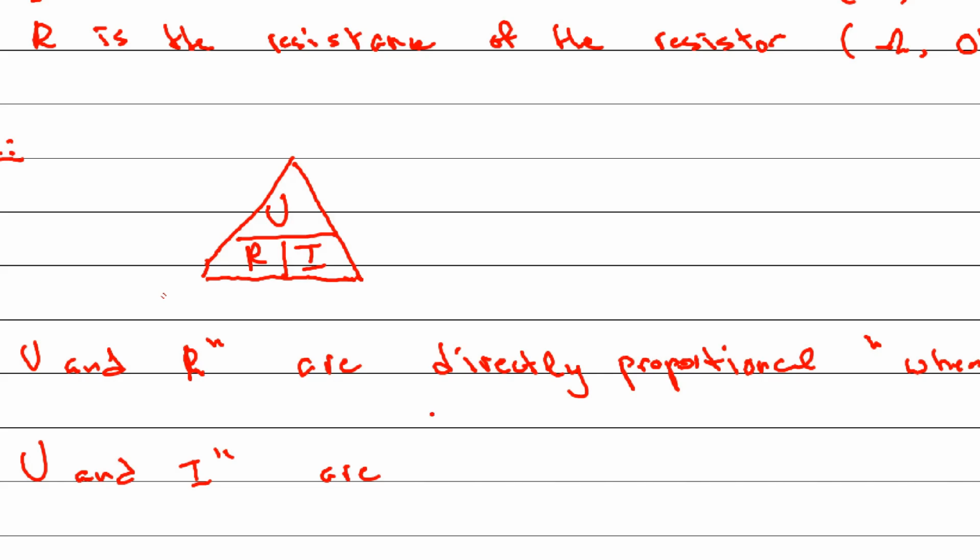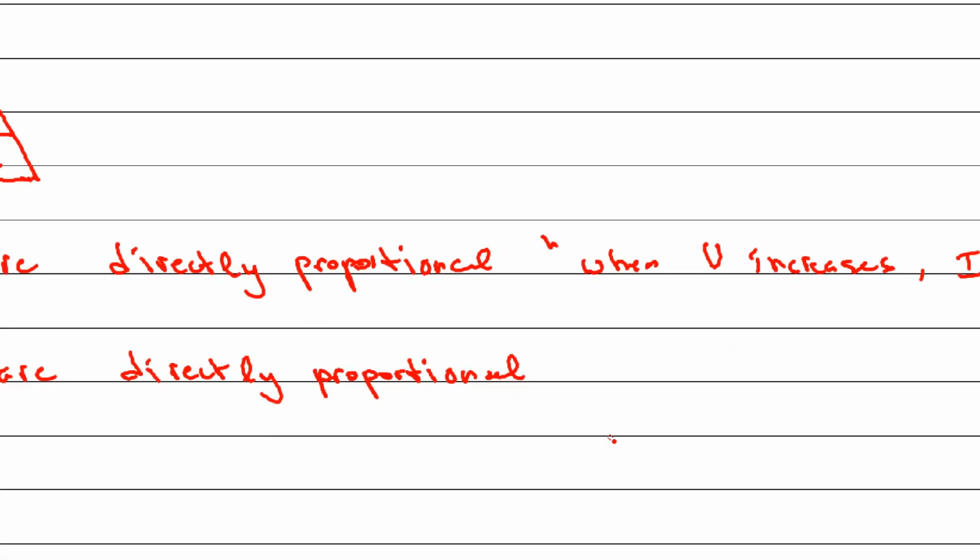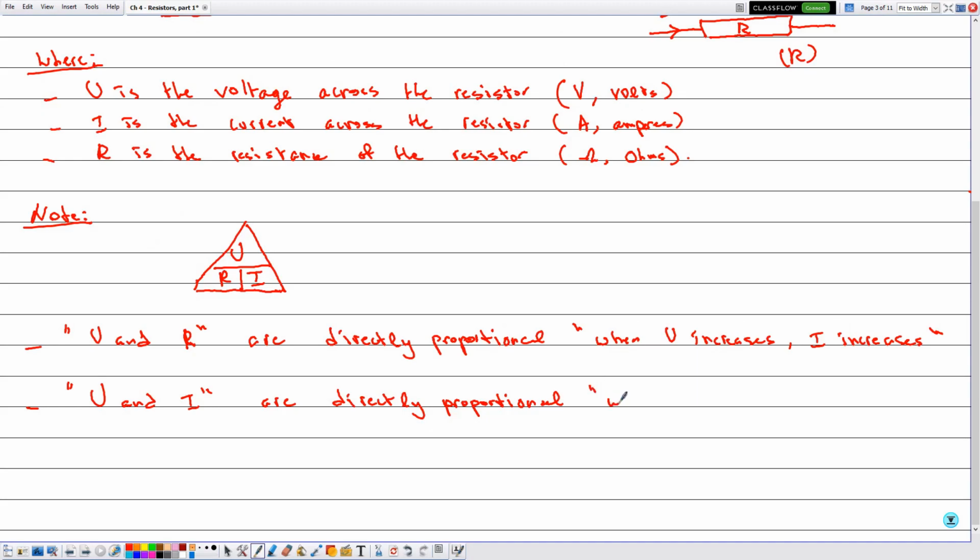This means that they are directly proportional. What is meant by directly proportional? That the relation between them is direct. So when U increases, sorry, here it is R. Okay, when U increases, let me correct it.